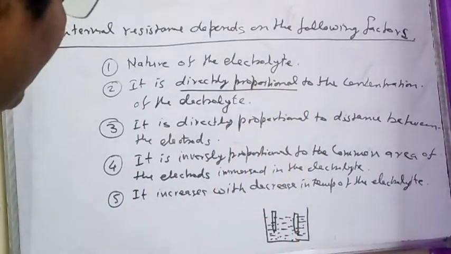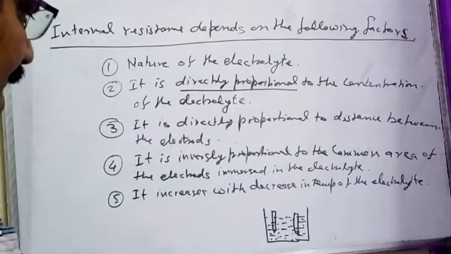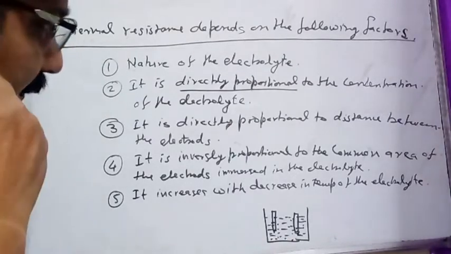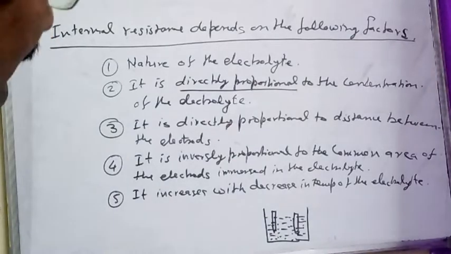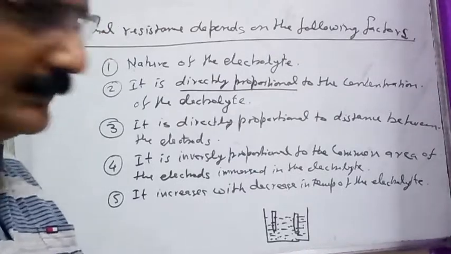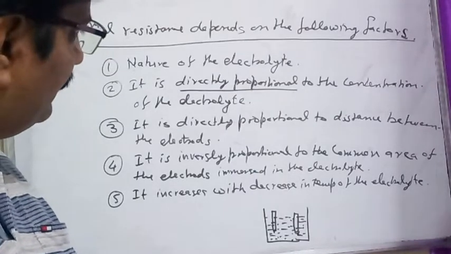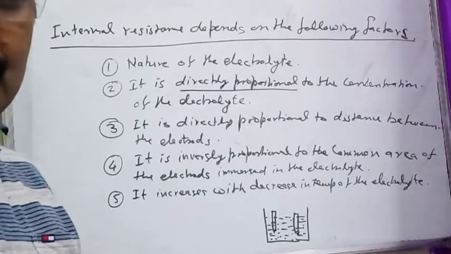It's a matter of common experience. When concentration of the electrolyte, dilute sulfuric acid, increases in a lead cell that is used in inverters, so very often we add some distilled water to decrease the concentration.